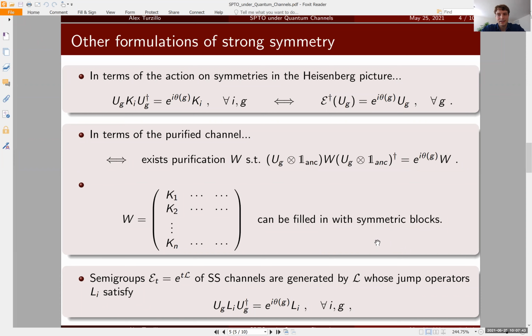And finally, to go back to Lindbladians, since that's what we started with, if I have a family of channels that are generated by some Liouvillian, and I write that in Lindblad form, strong symmetry just says that its jump operators commute with the symmetry up to this phase.